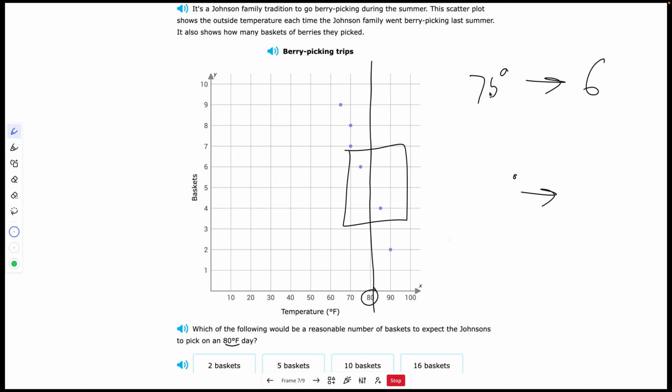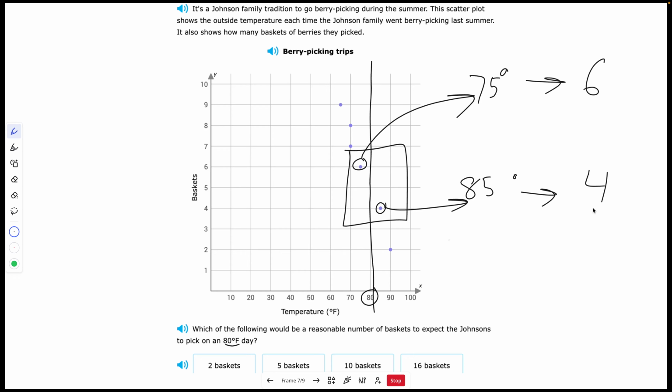Let's try that again. At 75 degrees, they picked 6 baskets. That's this point. And then at 85 degrees, they picked 4 baskets.